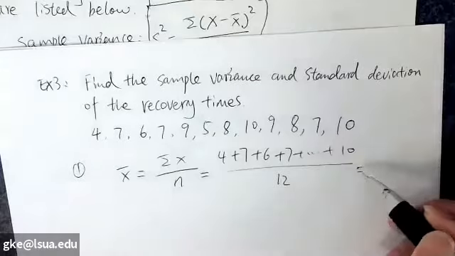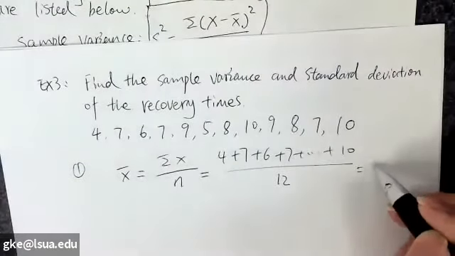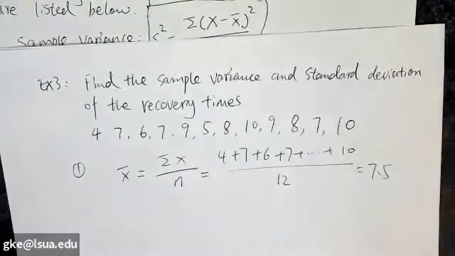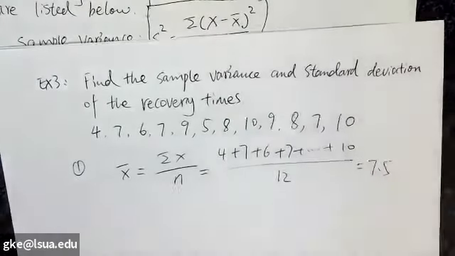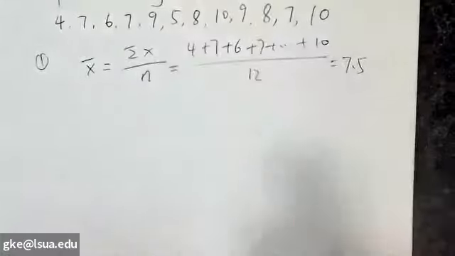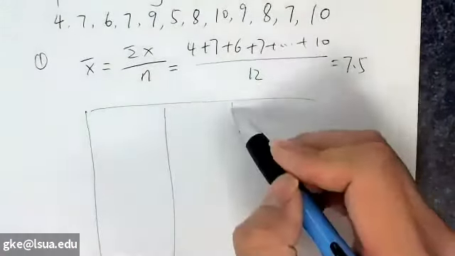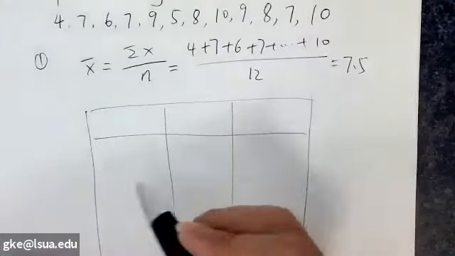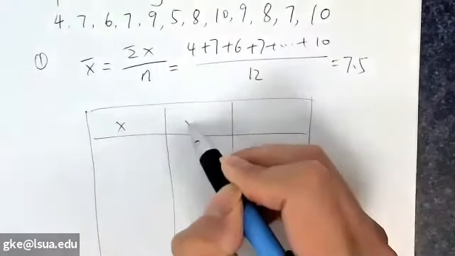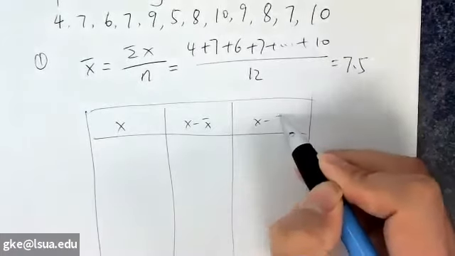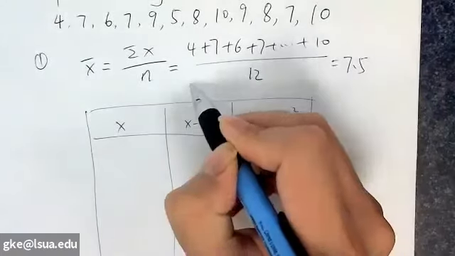And if you do the summation divided by 12, then you're going to get 7.5. Right? And then second step, we're going to list the table: x, x minus x bar, (x minus x bar) squared.